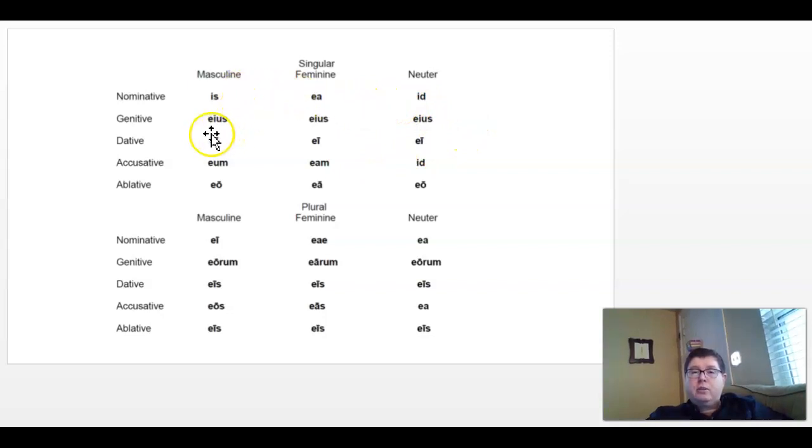In other words, eius can mean of him, of her, or of it. Now, in the plural, we have a little bit more variety. We have masculine eorum, feminine earum, neuter eorum. Earum is what we saw a couple sentences ago about the mothers. But the only one that's really clear is the feminine, of them.